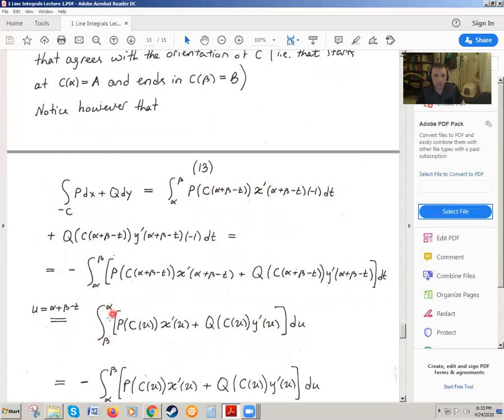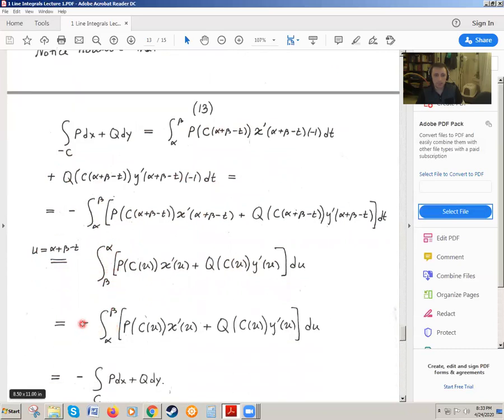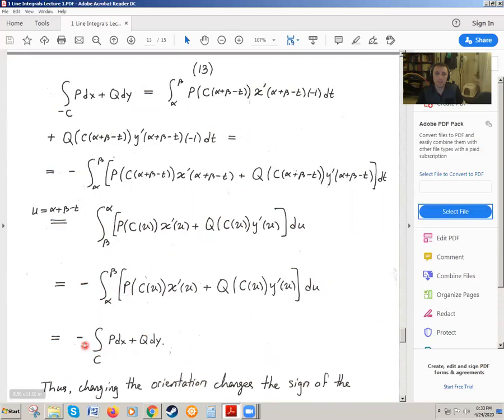Now we can reverse the order of integration and multiply by -1. That's just a property of this integral, which is essentially a Calc 1 integral. So I reverse the order of integration and place a -1 in front, and that is minus the integral over c. So when I change the orientation, I introduce the minus here.